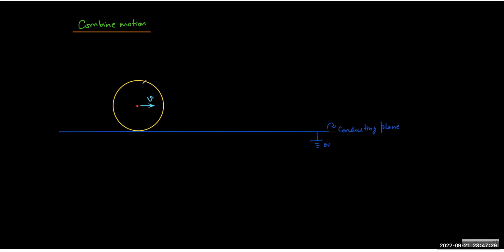And it is performing pure rolling motion. So there is no slipping. Even if I give you V, you know that omega and V will have the relation. So V equals omega R, right? Yes.